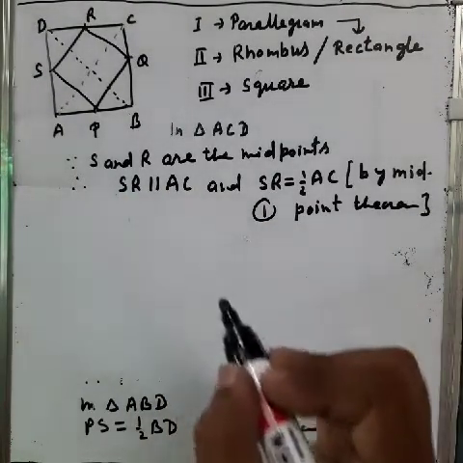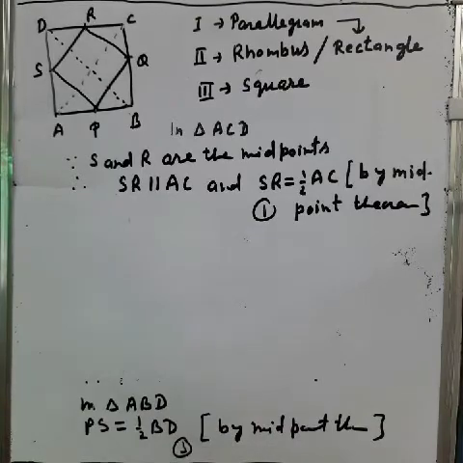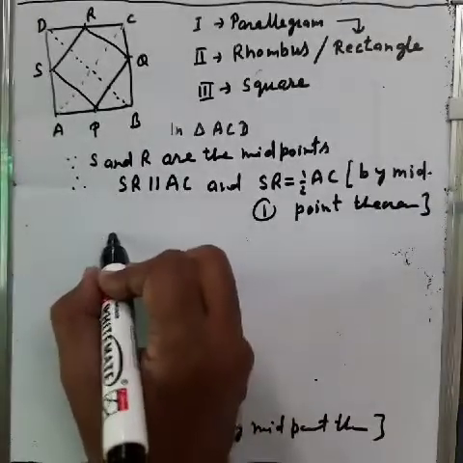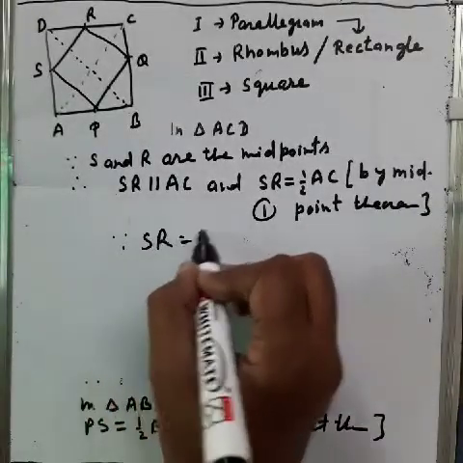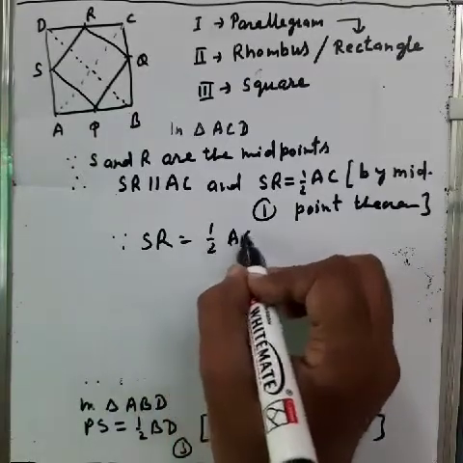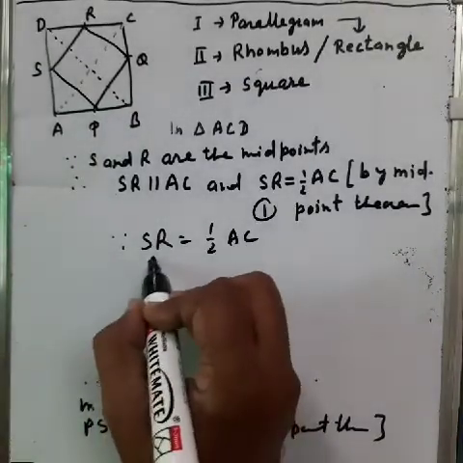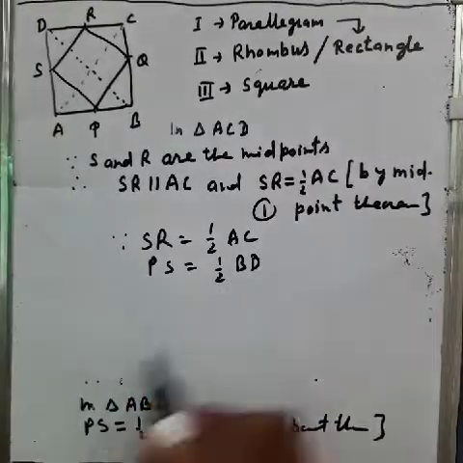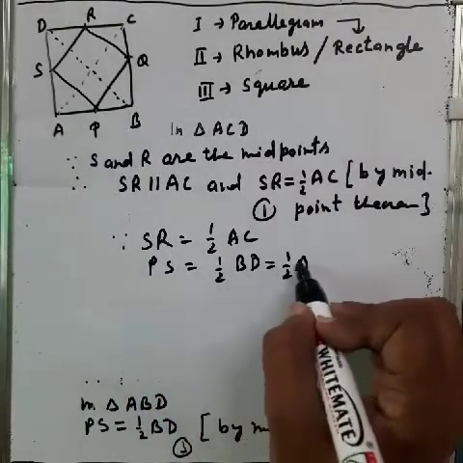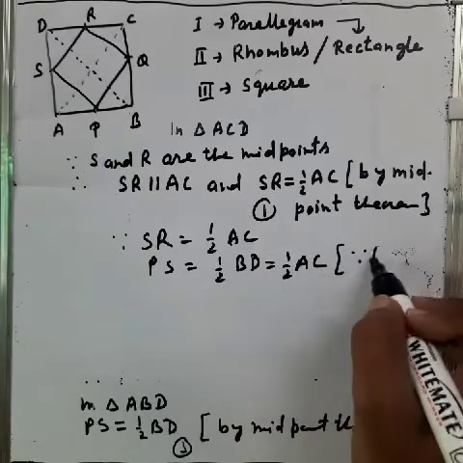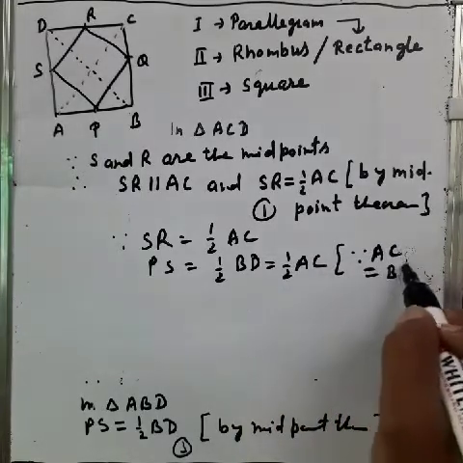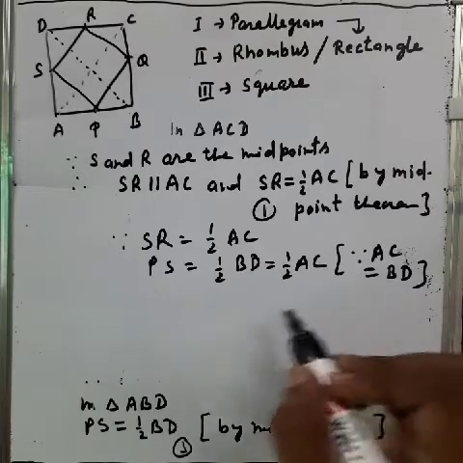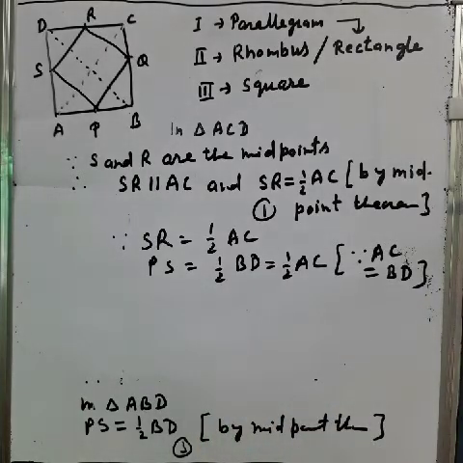So now we will write this, you suppose third. So in the first result, since SR equals half of AC, PS equals half of BD equals half of AC, you will write since AC equal to BD. Reason, diagonals of a square are equal.